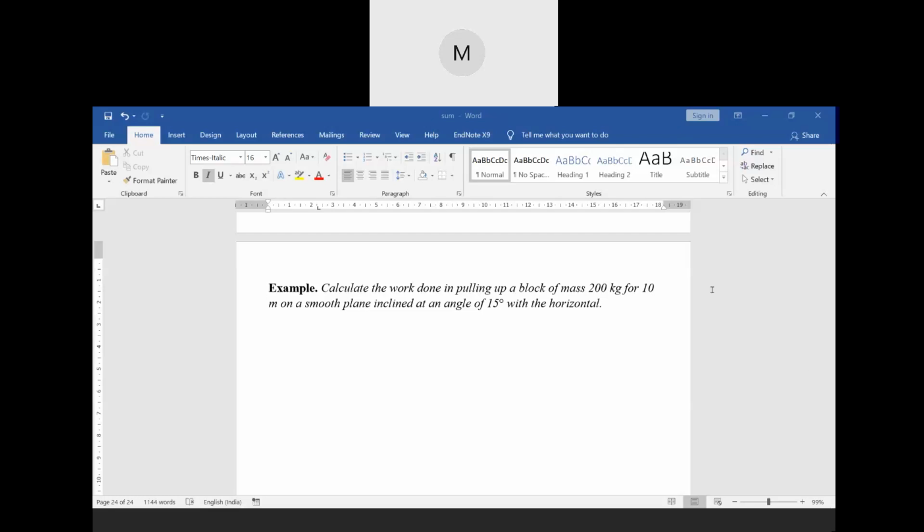Okay, I got many answers. Let's see the answers. I want at least more answers. More people should do it because every time I give any numerical to do, I get hardly 6, 7 answers. So I should get more than 20, at least 50% of the class should do the numerical.